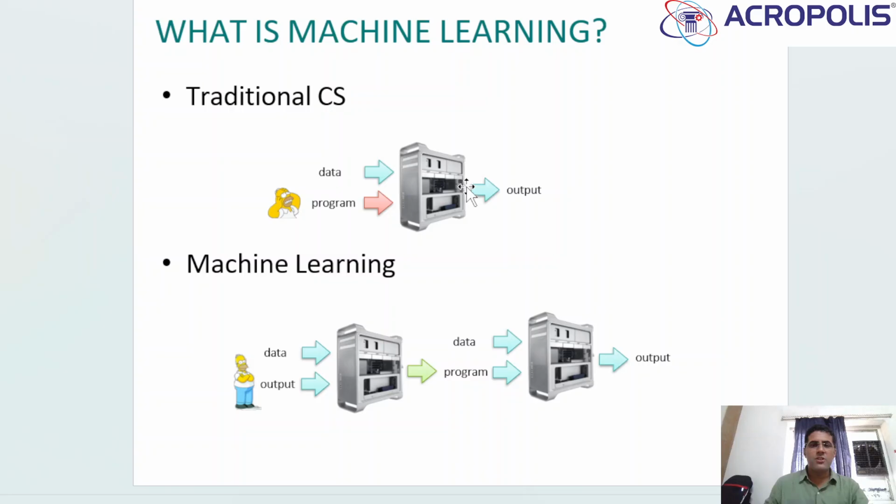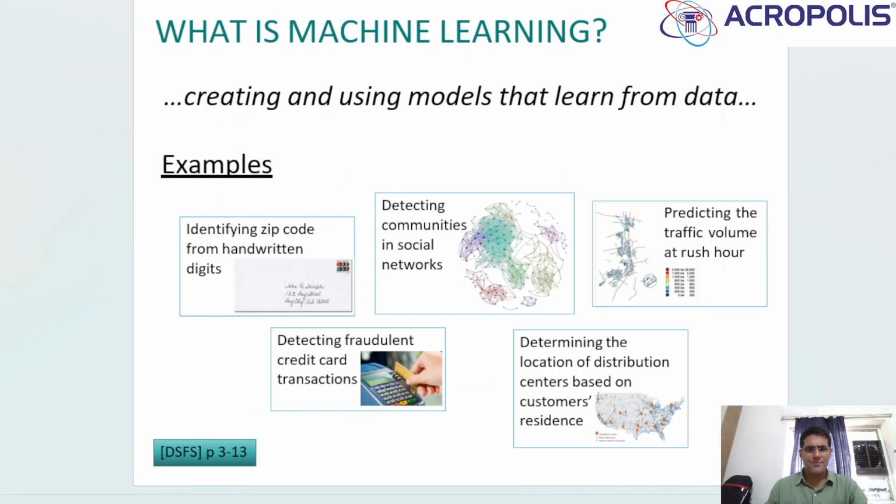Whereas the beauty of machine learning is that we have the data and also the output. We feed these data and output to the machine, and it produces the program, which will again give us the output. That is simply what we are talking about in machine learning.